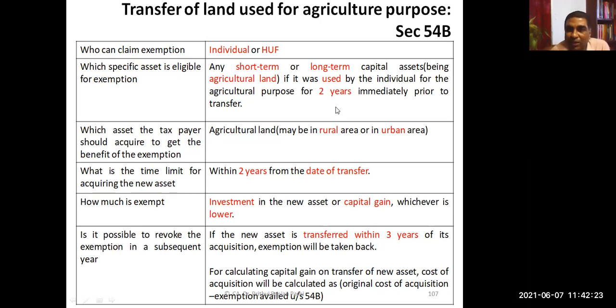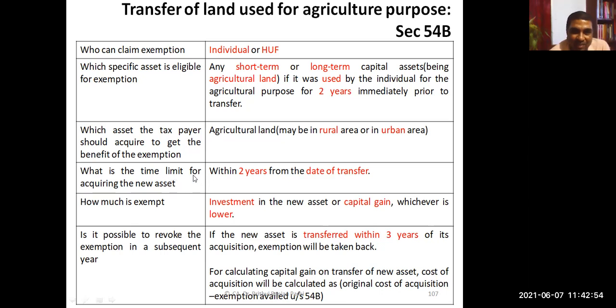Rural agricultural land is anyway exempt, so it should be urban agricultural land. And then the new investment, when new asset is acquired, may be rural, may be urban. But if you acquire rural asset, then you will be in an advantageous position because in rural asset, when you make further transfer, there will not be any capital gain tax because rural agricultural land is out of purview of capital gain.